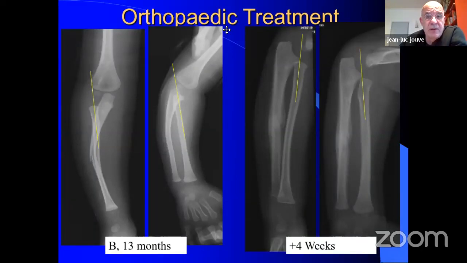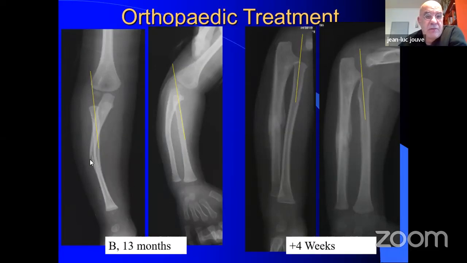The first treatment in Monteggia fracture is the orthopedic treatment. Here you see a lateral dislocation of the radial head. I drew the long axis line to show you that it is very important to do this line on your X-ray. Here you see that the axis of the radius is lateral to the capitellum, lateral and posterior.